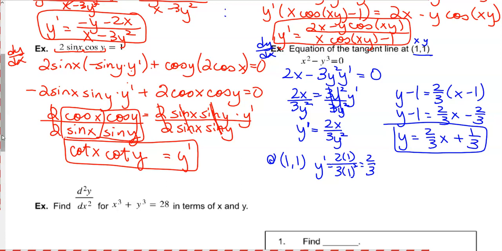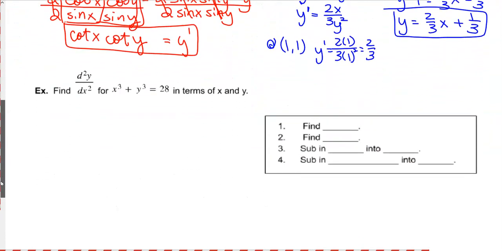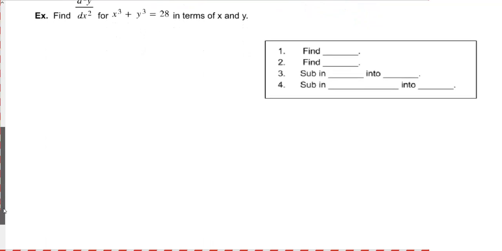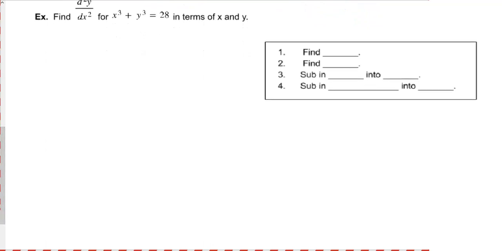And our last problem for our implicit differentiation is to be able to take a second derivative of y with respect to x. And so it is getting to be a little bit more involved when we do this. So there are kind of some couple steps that I've just outlined for you. First, you want to find y prime. Then from that, simplify it down as far as you can. From that, find y double prime.